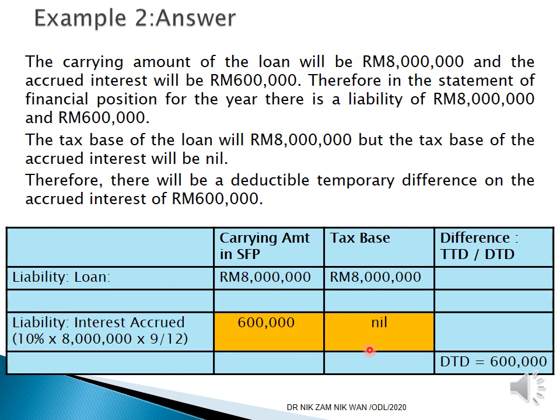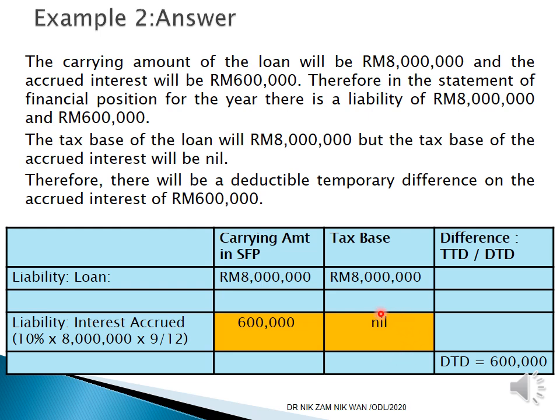But according to tax base, according to tax rule, it will only charge taxation when the interest is actually paid. So for this year the interest is not yet paid, because interest will be chargeable 12 months in arrears.